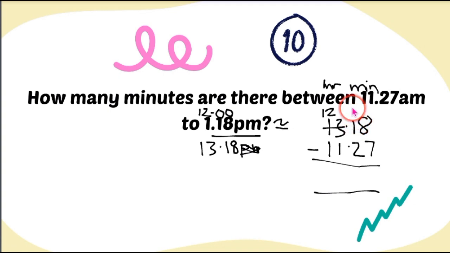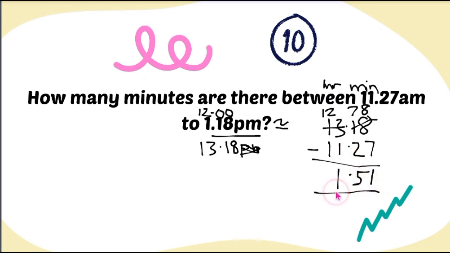So 60 minutes is added to this 18, and 60 plus 18 should be 78. So 8 minus 7 is 1, and 7 minus 2 is 5. And of course 12 minus 11 is 1. So I'm having 1 hour 51 minutes.